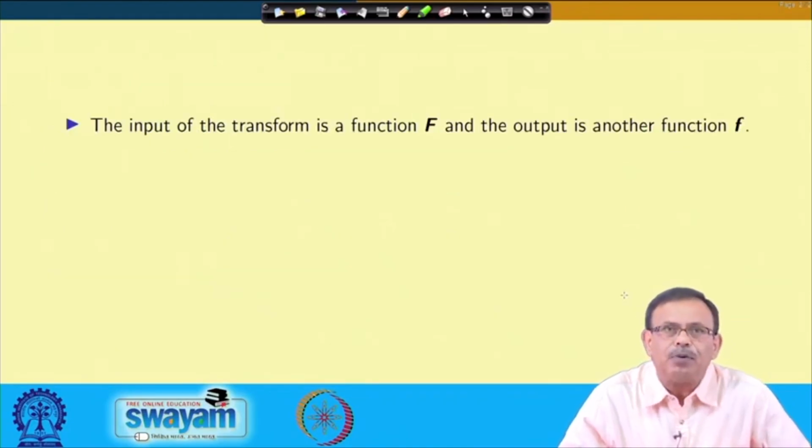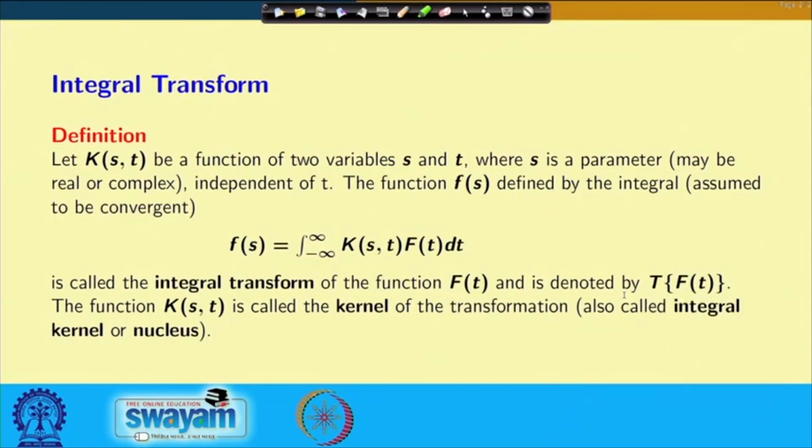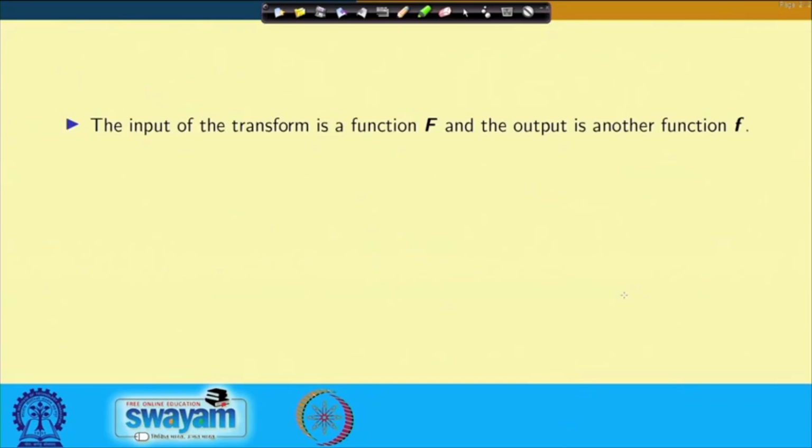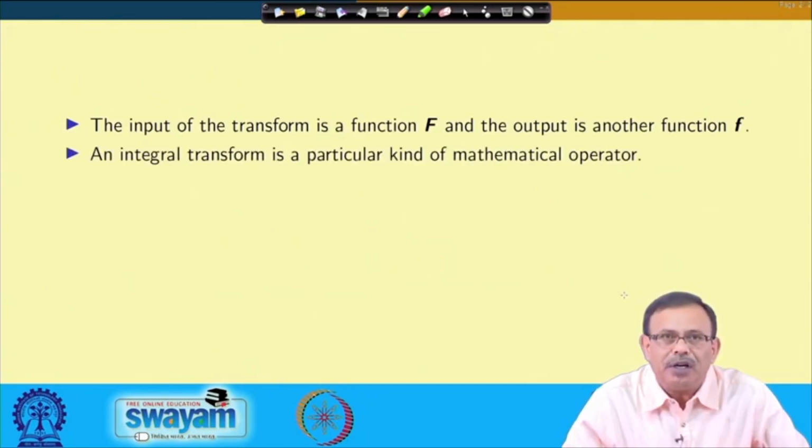Now see, the input of the transform is a function f(t) and the output is another function, F(s). Note this: the input of a transform is a function f(t); here, f(t) is the input and F(s) is the output. Next, an integral transform is a particular type of mathematical operator.